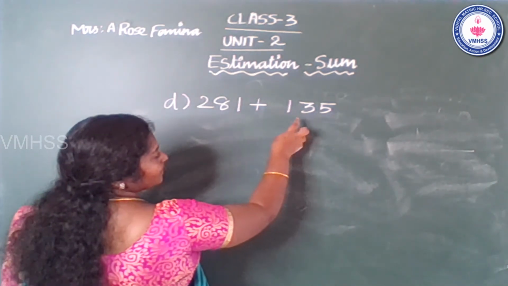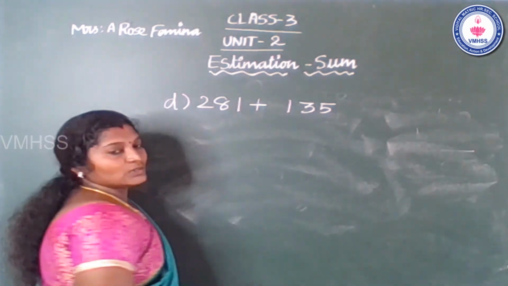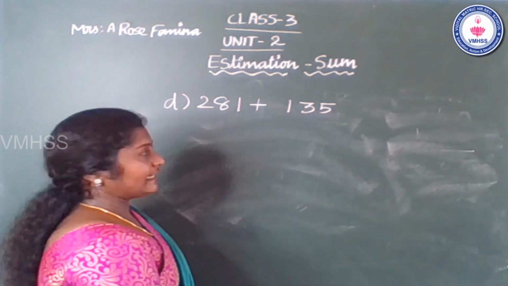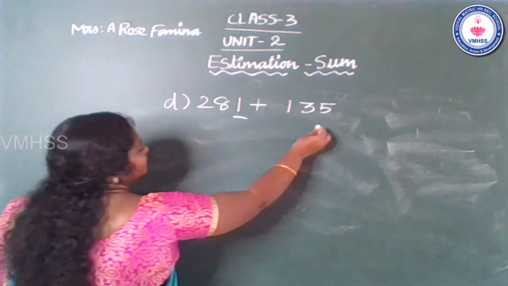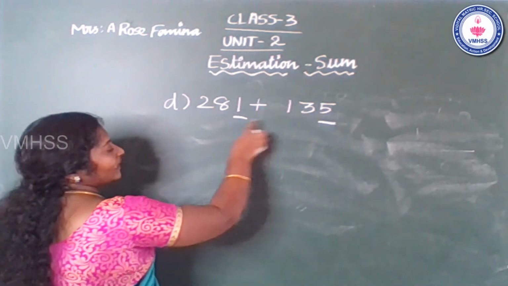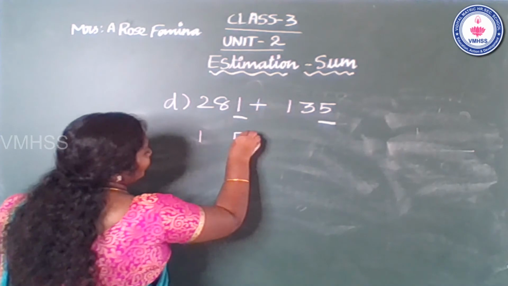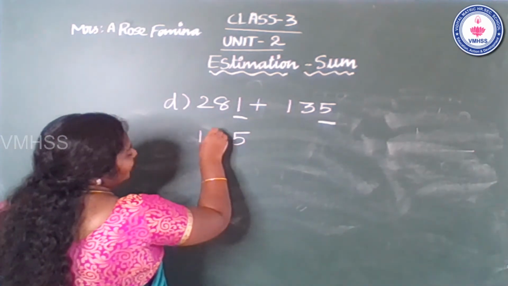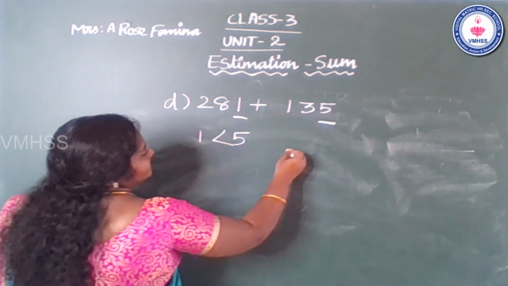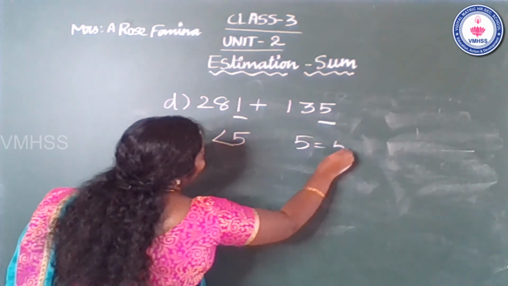The second number is 135. Now round to the nearest 10. See the ones place: 1 and 5. Compare with 5. 1 is less than 5. 5 is equal to 5.